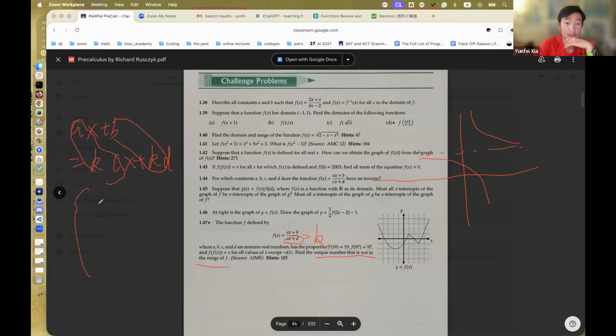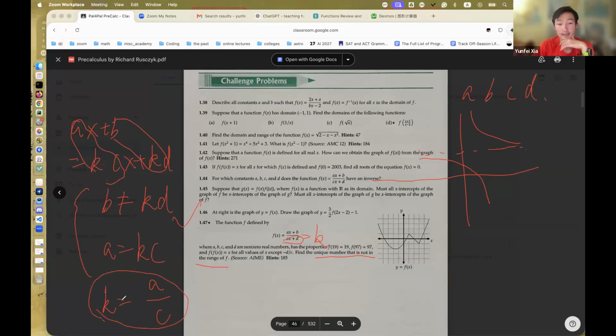So there's no solution if b is not equal to kd, but a is equal to kc. Therefore, k is equal to a over c. So after we have found a, b, c, d, the answer we want to find is k equals a over c.